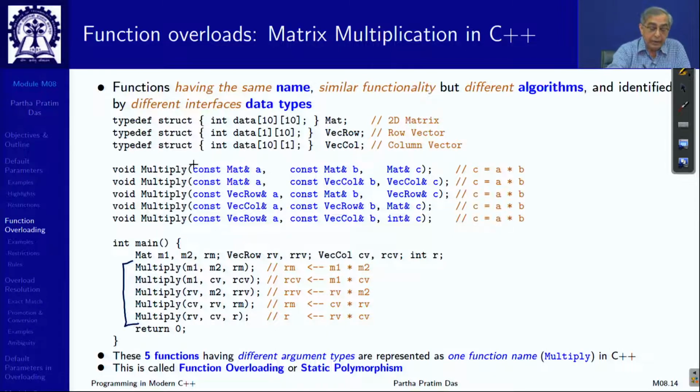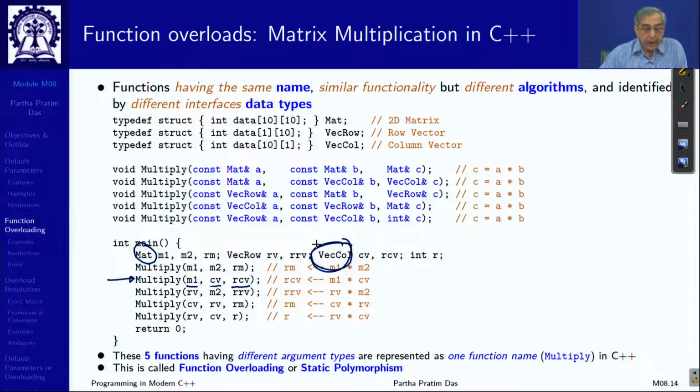So, that is where the parameter types become important. Let us look at, say, this second function, multiply M1 CV RCV. M1 is of type mat, CV is of type column vector, vec_col, and RCV is also of type column vector.